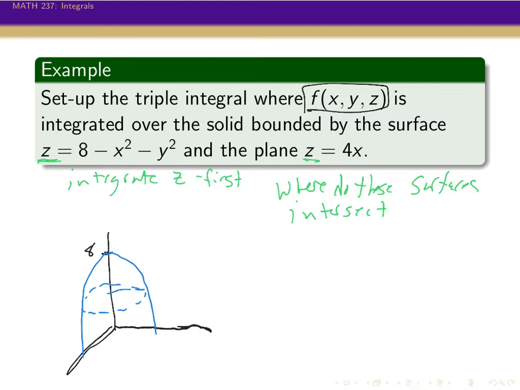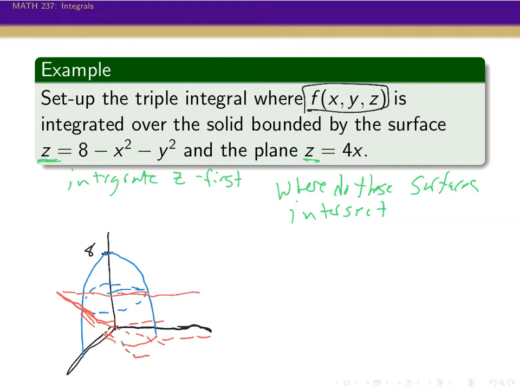Z equals 4x, so this is just a plane slicing up like this. And so this is actually going to cut. So this plane is going across this way. This is going to be hard to see. Okay, so the plane is cutting out like this across.